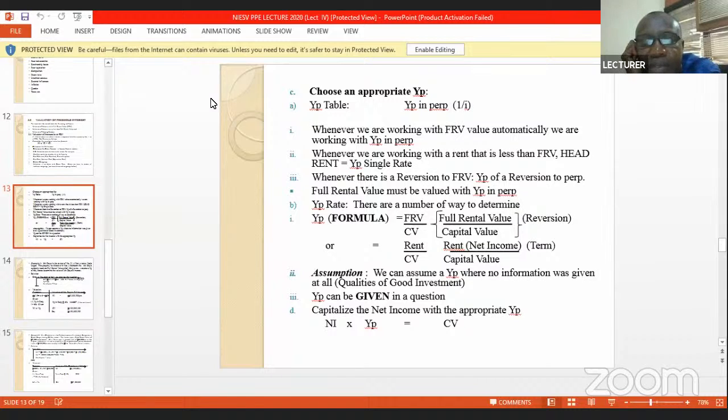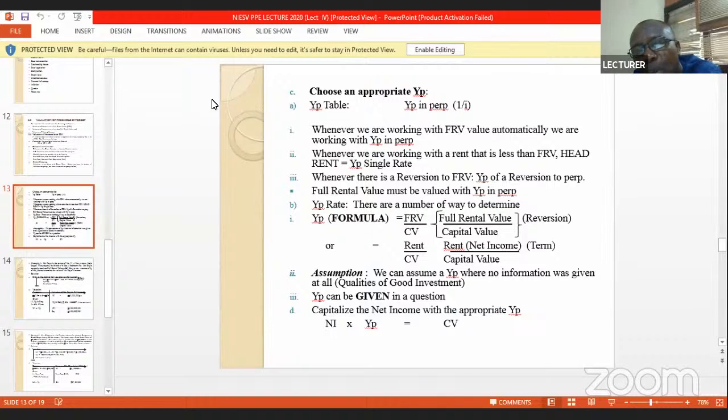I repeat, YP formula. Assuming you are given a question, the examiner did not put any YP to be used, and you are expected to value a property with a YP.